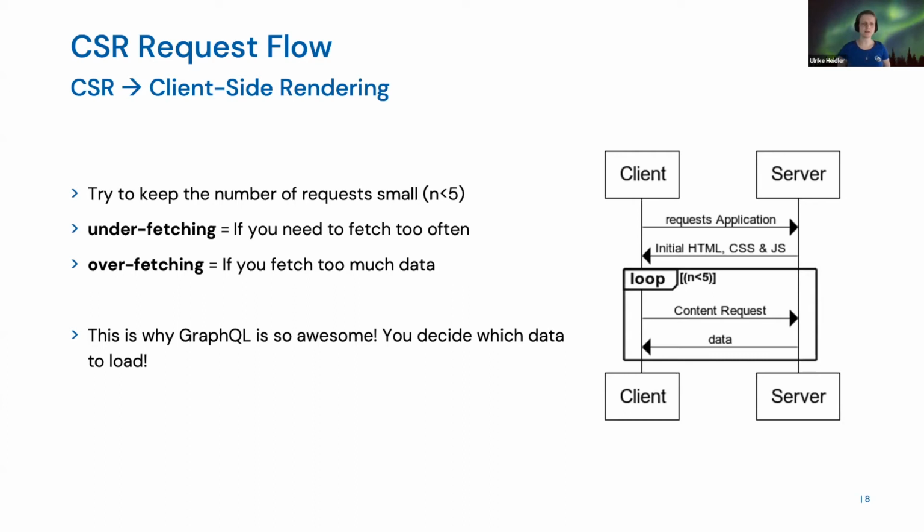Recommendation from our side: try to stay within 5 additional requests. We certainly want to keep the balance between underfetching and overfetching. Underfetching is where we communicate too often, and it's just a chatty situation between the client and the backend in general. But we also do not want to deliver too much data because we try to do everything in too few calls.